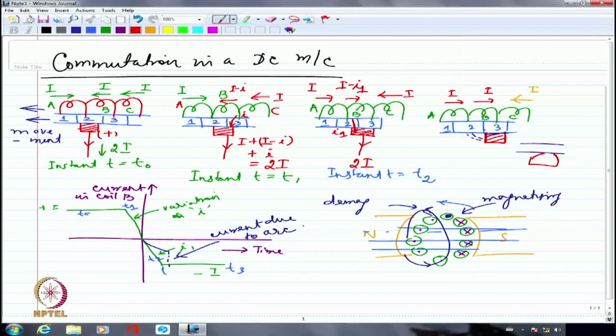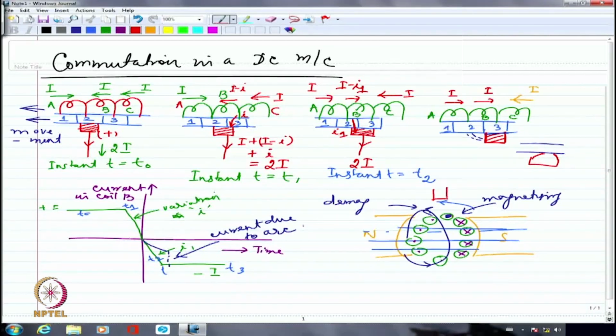Last time we mentioned that this conductor is going to get affiliated more and more towards the South Pole, right? It is favoring the South Pole. So just to nullify the effect of armature reaction, we will put some poles called interpoles, small poles.